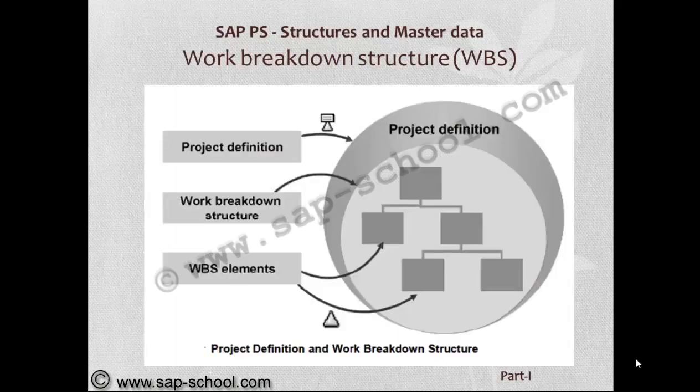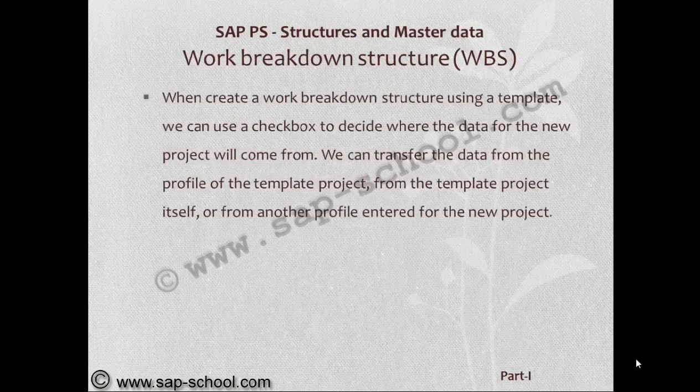Like you can see here, this project definition is the header for the work breakdown structure, and the default values from the project definition will be inherited to the work breakdown structure as well as the WBS elements.